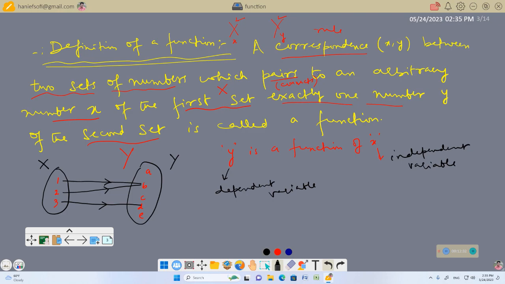We say it should pair to an arbitrary number X of the first set, exactly one number Y of the second set. So you can see 1 is connected to B, it is not connected to any more member of set Y. 2 is connected to B, it is not connected to some other member also, right? 3 is connected to D, it is not connected to some other member also, right?